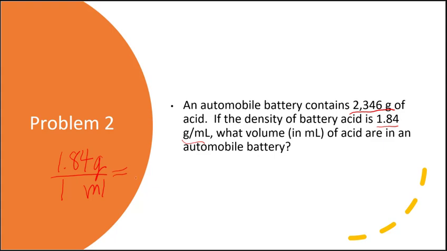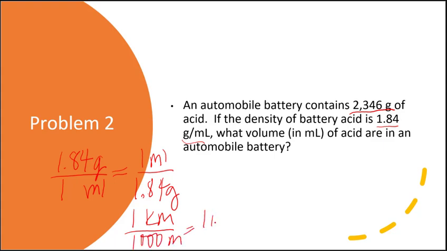And again, this is a ratio. So we could say that 1 milliliter over 1.84 grams. Either or. It's like saying in 1 kilometer, there's 1,000 meters, or 1,000 meters is equivalent to 1 kilometer. So I can just flip this around.